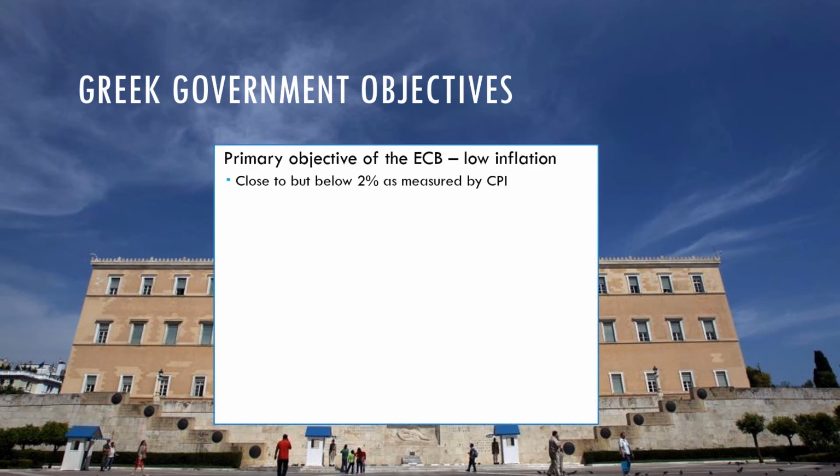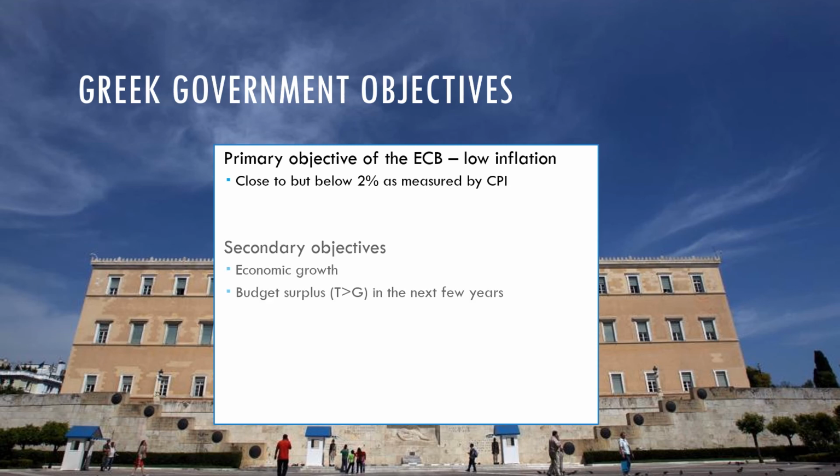For European countries as a whole, across all the countries that use the euro, the primary objective of the European Central Bank is low inflation. Low inflation here is really the number one objective, with a value close to but below 2% as measured by CPI. But it is the responsibility of the European Central Bank to meet this objective by changing interest rates.